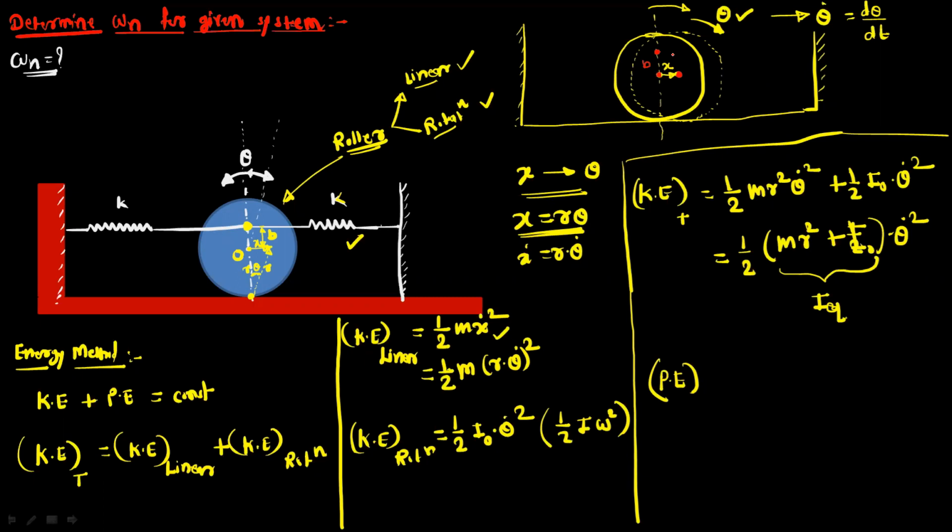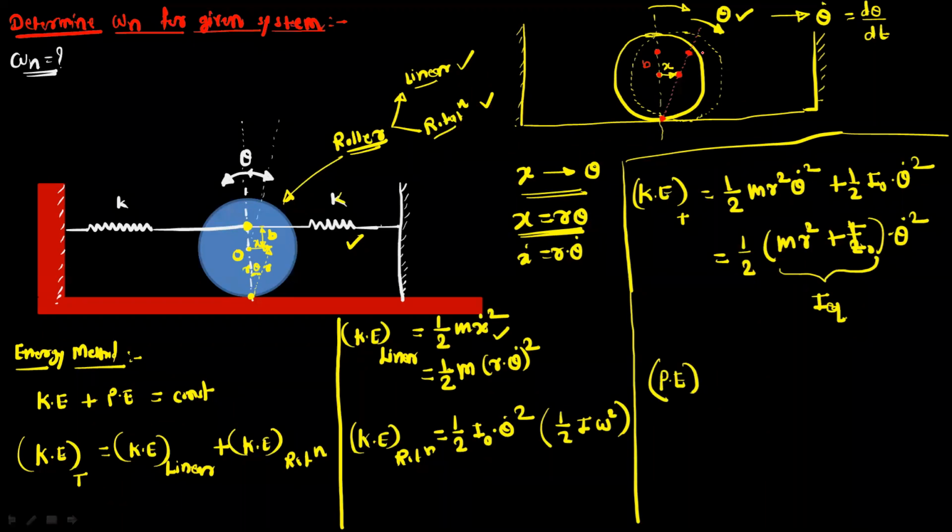Now because of the rolling motion, if you consider this as the initial point, that is a tangent point of this circle, and if you draw one line which will pass through this point, that is the center of gravity, then this B point will shift on this line.